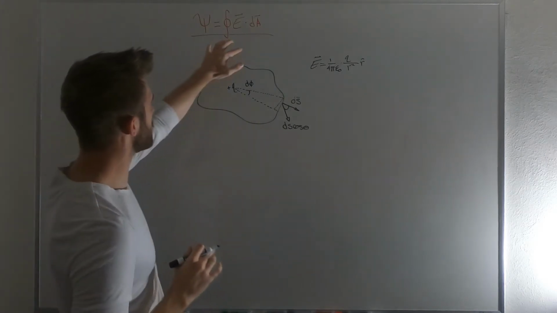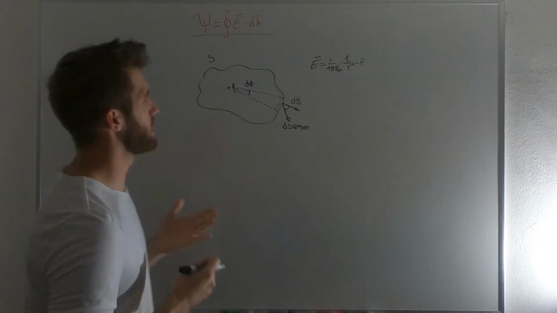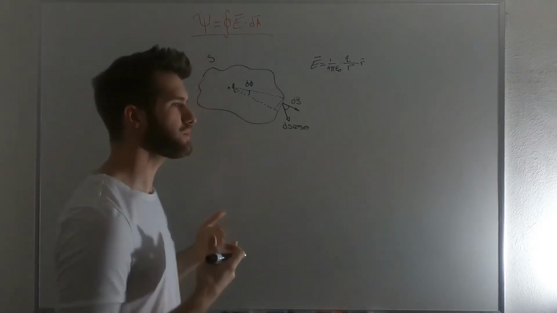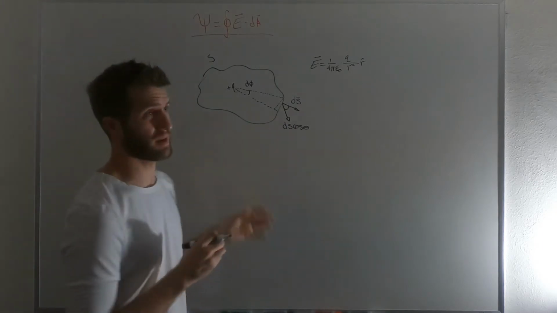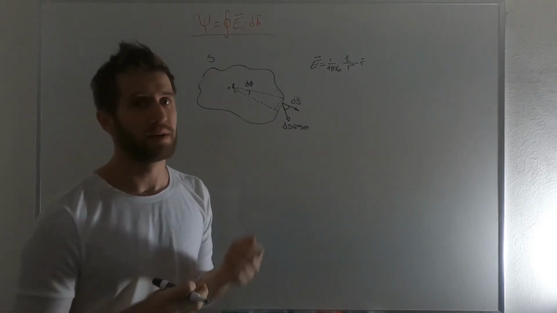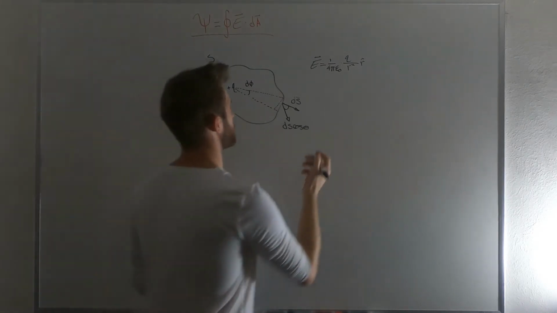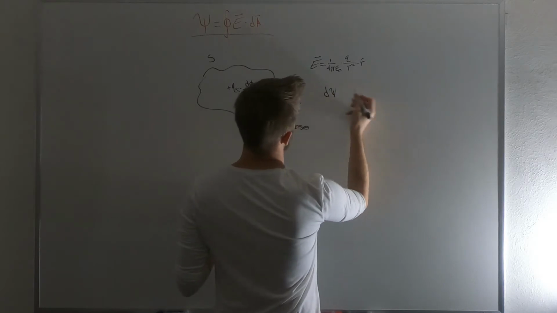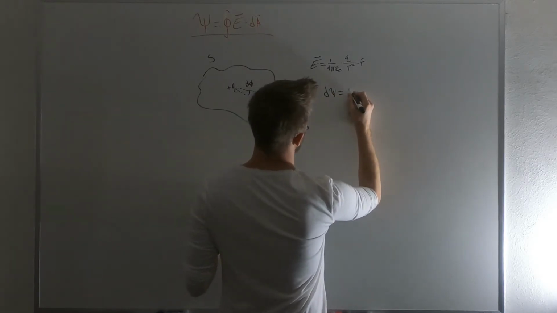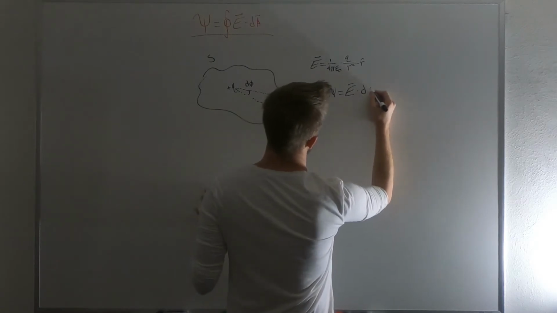Well, let's start looking at this equation here. What is this telling us? We have some flux permeating the surface. We know that the flux is the dot product of the electrical field times the area. So we have some d phi, and that's going to be equal to E dot ds.